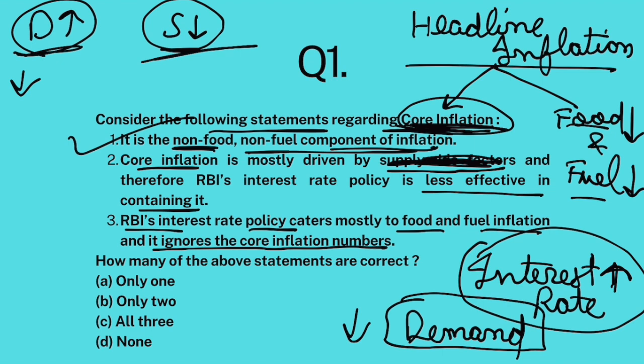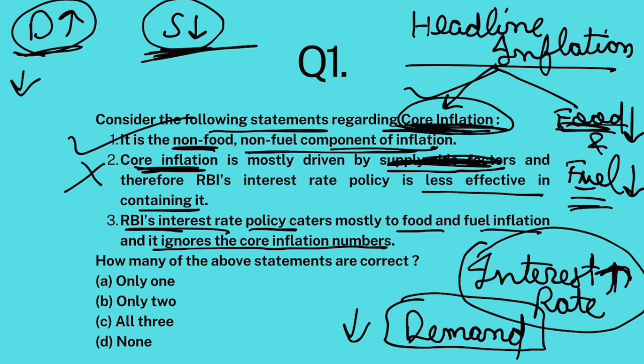But many people say that because food and fuel inflation is driven by supply, increasing interest rates by RBI does not address food and fuel inflation. It definitely addresses core inflation, but never affects food and fuel inflation, because food and fuel inflation is driven by supply side factors. So the second statement is false because core inflation is demand driven.